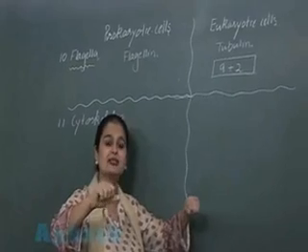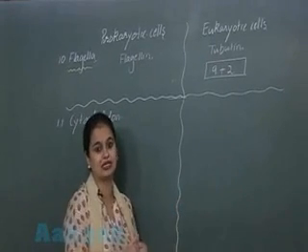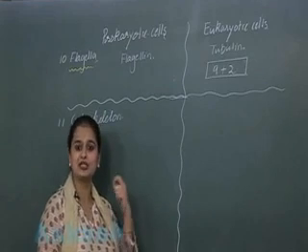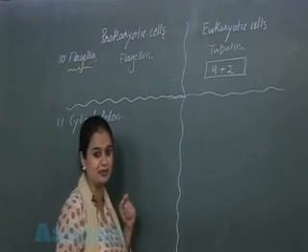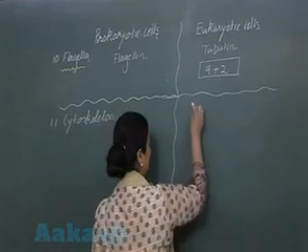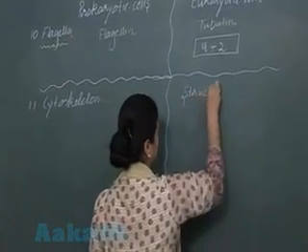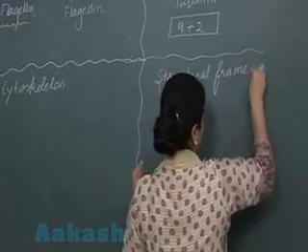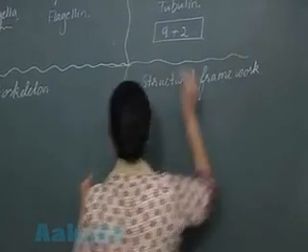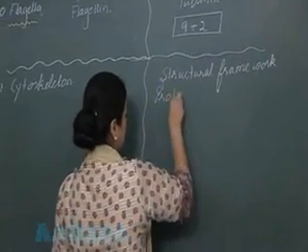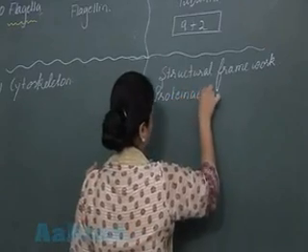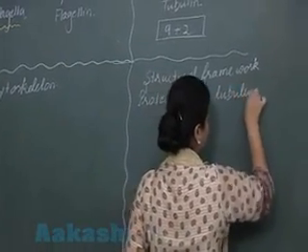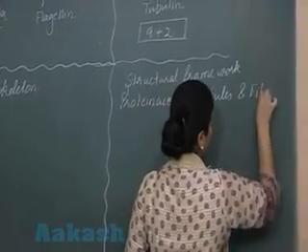Yes, one skeleton, one framework is present. This framework is formed of proteinaceous tubules and fibers. तो यूकैरियोटिक सेल के अंदर प्रेजेंट है स्ट्रक्चरल फ्रेमवर्क. This structural framework is of proteinaceous tubules and fibers.